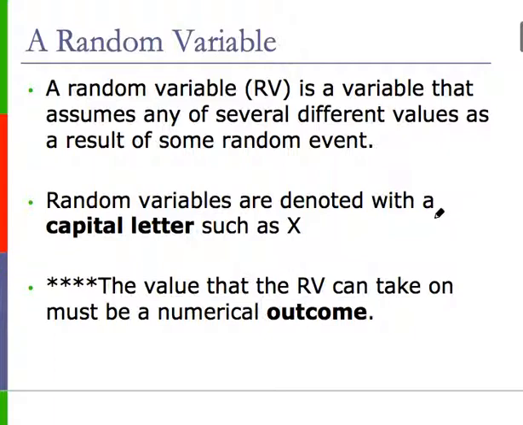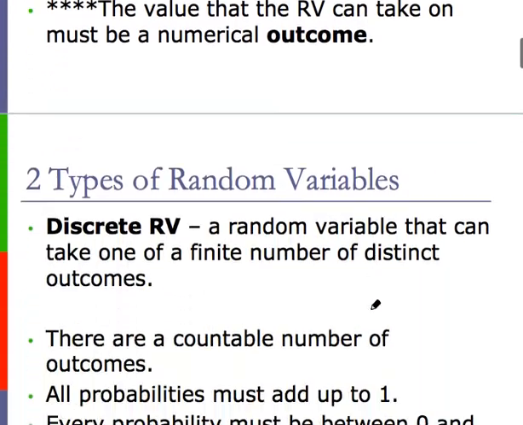So a random event occurs, and we denote that event occurring with the capital letter X, make sure it's a capital letter. A random variable has to take on a numerical outcome. So the importance here is the capital letter X, and that it takes on a numerical outcome.